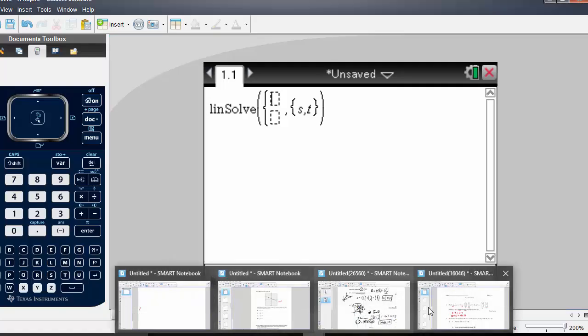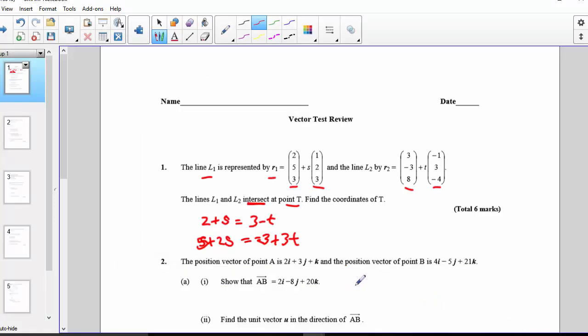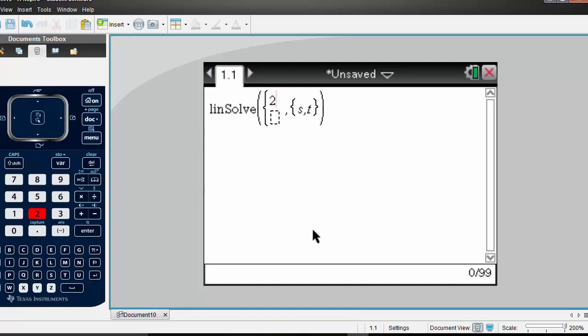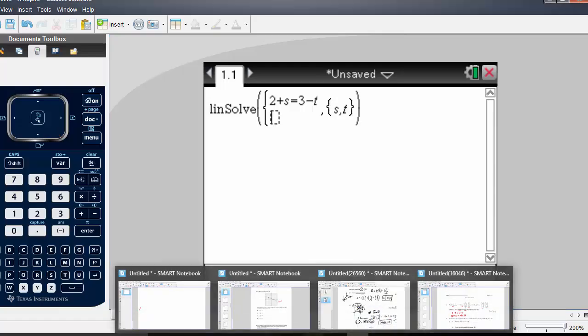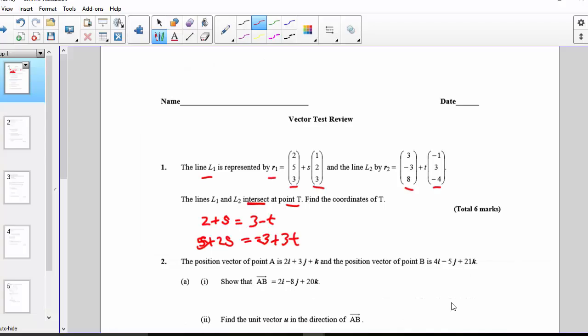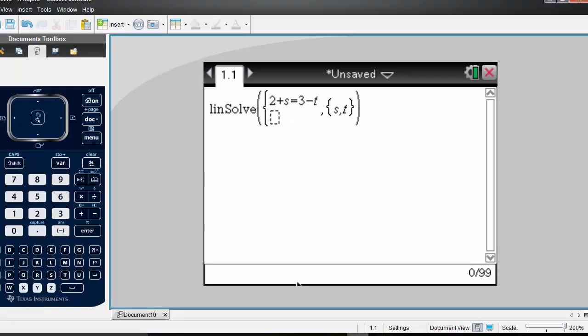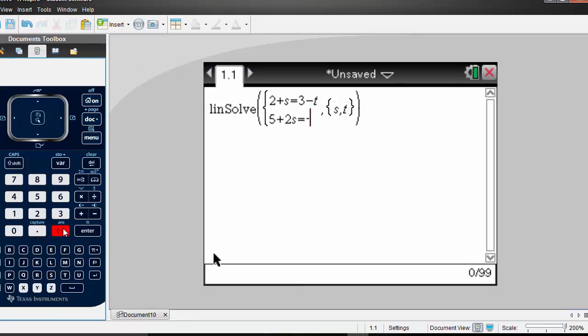Let's take a quick look at what they were. This was 2 plus s equals 3 minus t, and the other, 5 plus 2s equals negative 3 plus 3t.